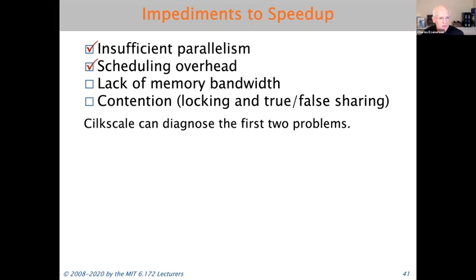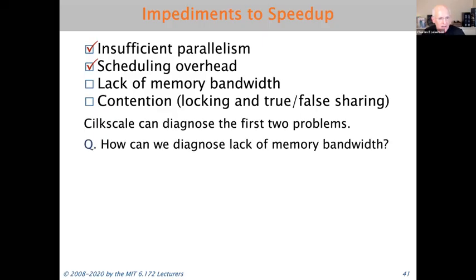It also computes something called burdened parallelism, which tells you whether you have scheduling overhead, by saying it's going to be very expensive to move things around. So it can help diagnose the first 2 problems, and those are easy to run. But how can we diagnose a lack of memory bandwidth?